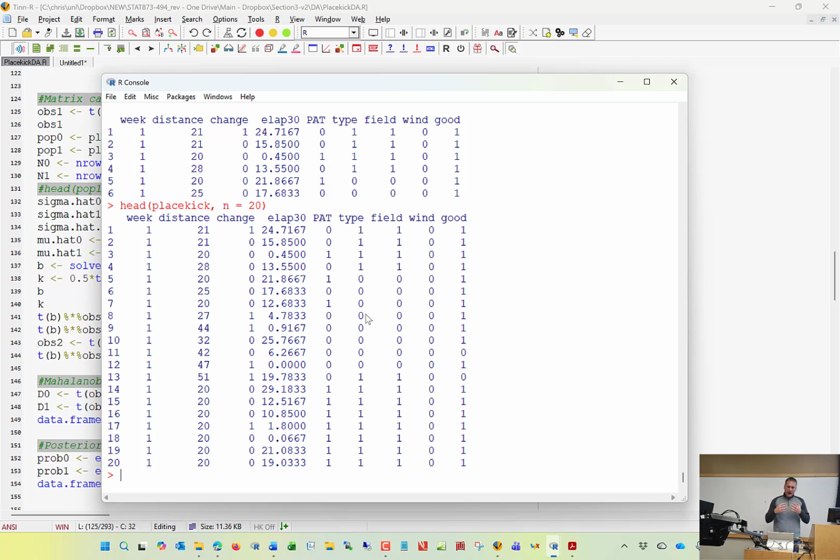Now, what I would like to be able to do is pull out observation 1 from this data set, but I don't want the good variable. I only want all the other, let's say, independent variables. This is going to be my X that we saw on that Word document.